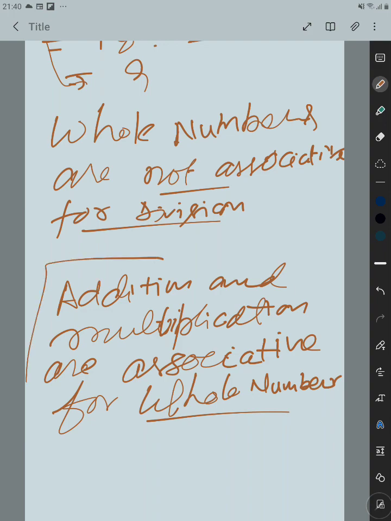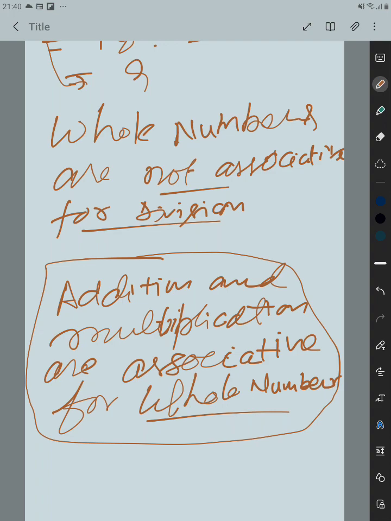So this is our final conclusion, right? I think you got the point, and you have got my explanation here, and you have understood what is the associative property of all 4 kinds of operations, and you understood well and got all the points.